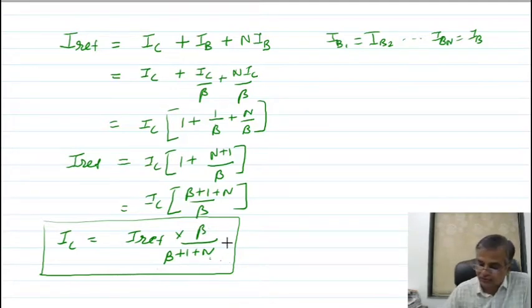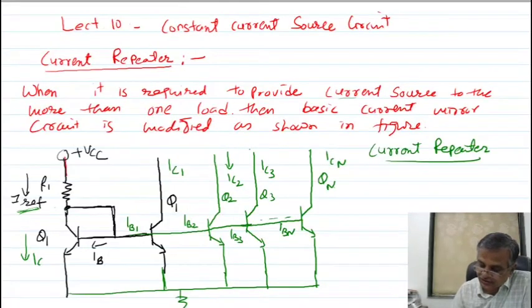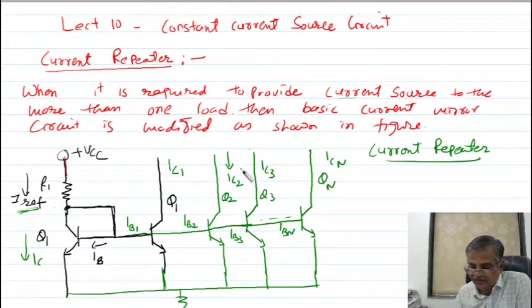Now, suppose somebody is asking, I do not want to get the same value of the current. Here I have taken the same value of current, IC1, IC2, IC3, because transistors are identical. Suppose someone says I want to pass different values of the current.